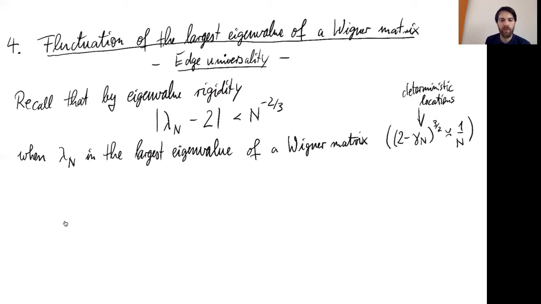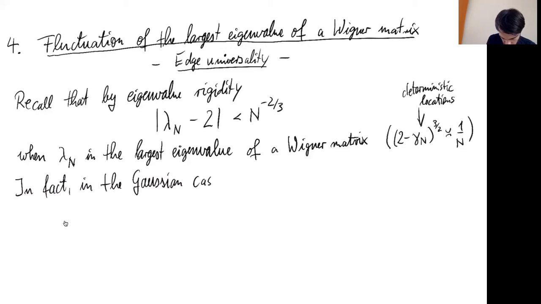Actually it is of order 1 even in the stronger sense that it has a limit, at least in the Gaussian case. In fact, and that's what I want to state now, in the Gaussian case, U_1 should be GOE and U_2 is a GUE.